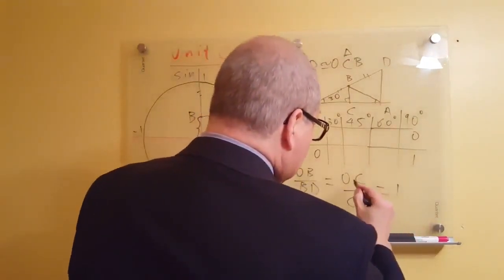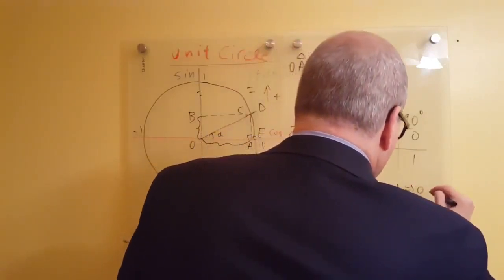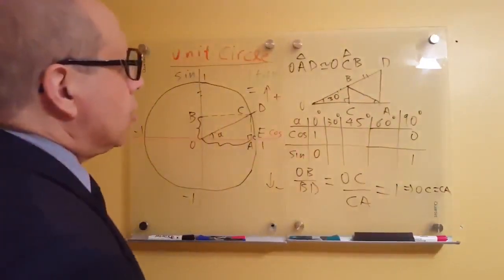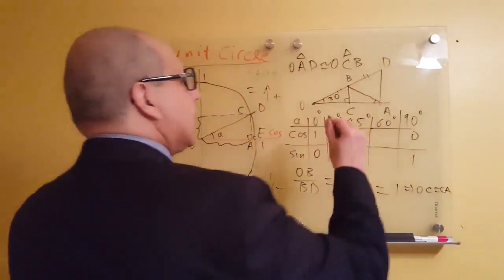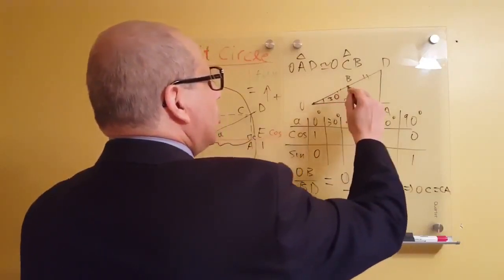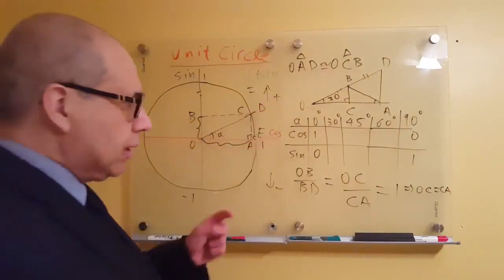So OC is equal to CA. That means this triangle here, the OBA, is an isosceles triangle. Why is it isosceles?